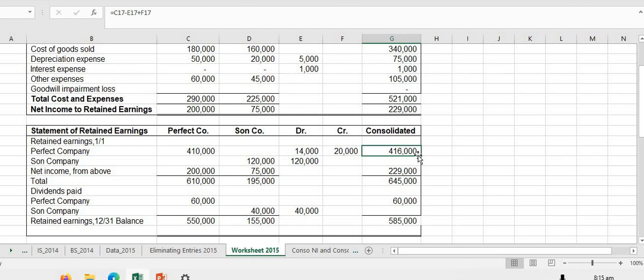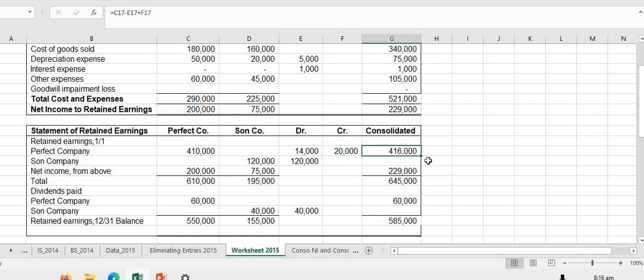Because, as I said earlier, our working paper eliminating entries are only for consolidation purposes. So it will not affect the balances of the separate financial statements of the parent and the subsidiary. Okay? So you have actually here 410,000, less 14 plus 20, that's 416,000.